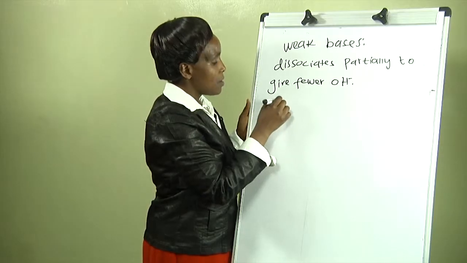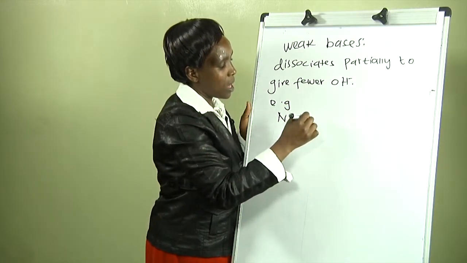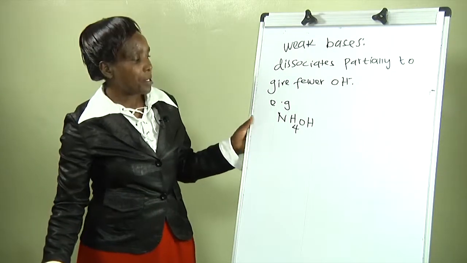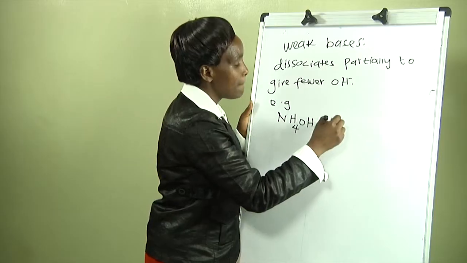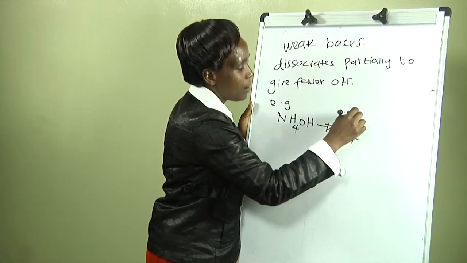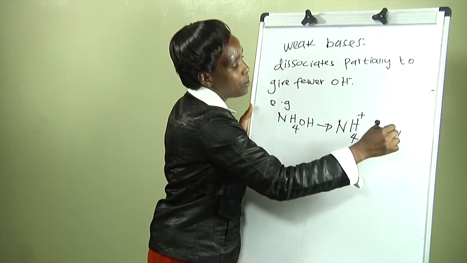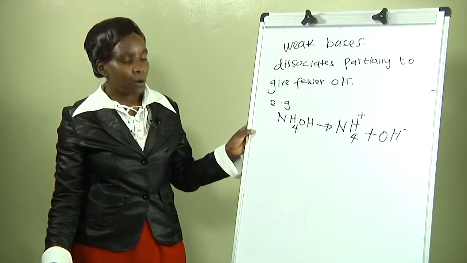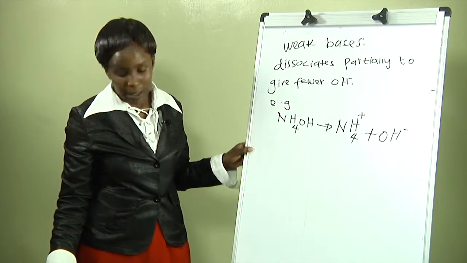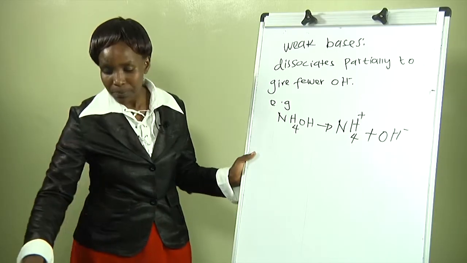For example, you can have ammonium hydroxide. Now, when we have ammonium hydroxide, we dissolve it in water, then we will have ammonium, NH4, not NH3, plus now the OH ion. So that is an example of a weak base and how it is going to dissociate in water.